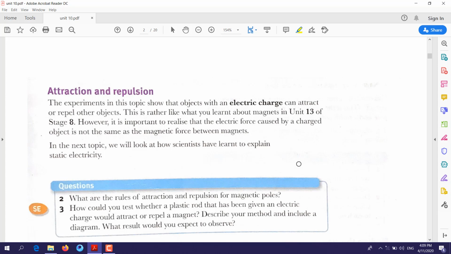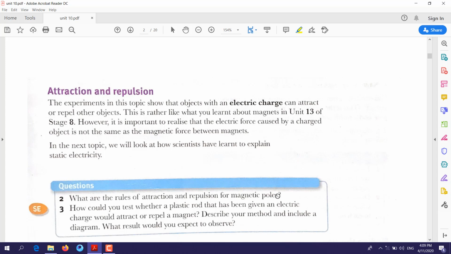As an example of attraction and repulsion, we will take a magnet. As we know, a magnet has two poles. If you put two magnets next to each other, sometimes they will attract each other, sometimes they will repel each other. When they attract or repel will depend on the charge.